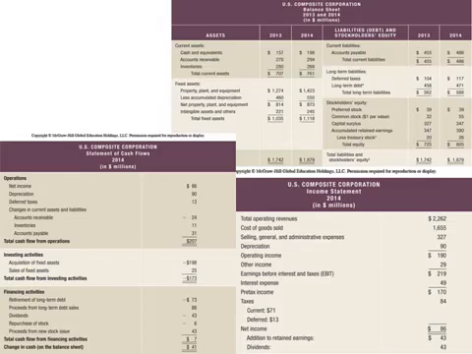Now let's look at investing activities. We see that we've got acquisition of fixed assets of negative $198 and sales of fixed assets $25. What does that mean? It means we went out and spent $198 million on new stuff, and we were able to sell some of our old stuff for $25 million.